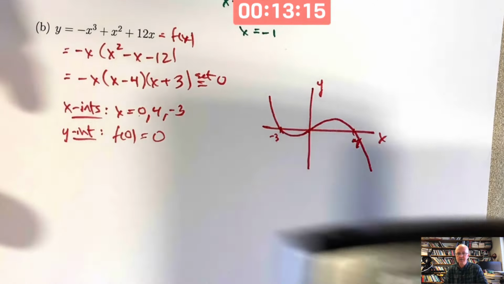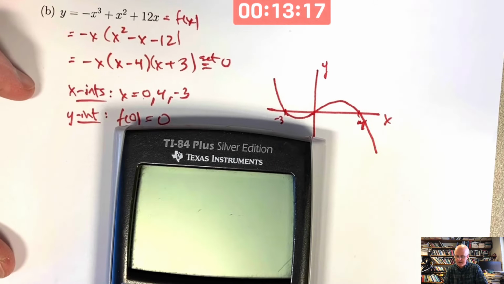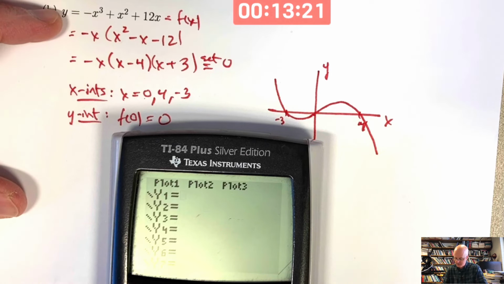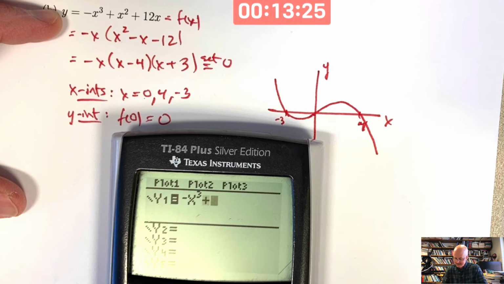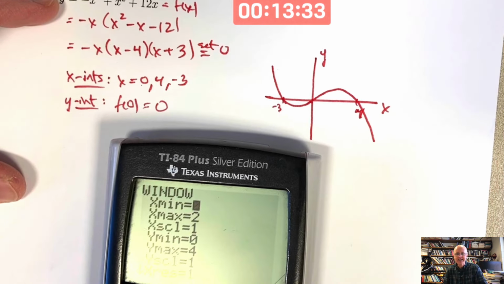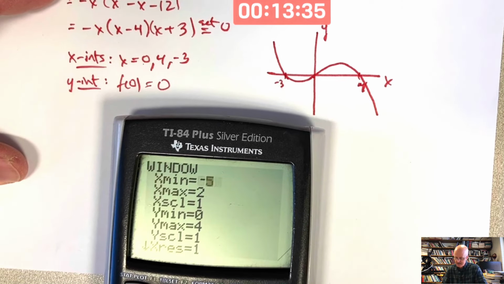Certainly I could do so if I use some technology, like this graphing calculator here. I could enter the function, say in its original form, negative x cubed plus x squared plus 12x. Make sure my window is appropriate, like say negative 5 to 5 in the x direction.